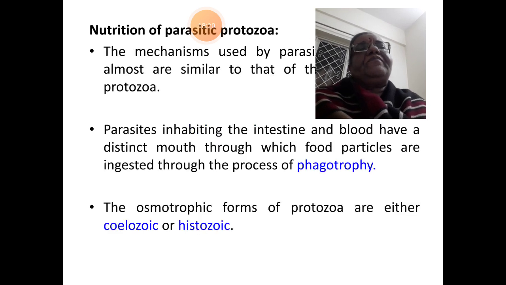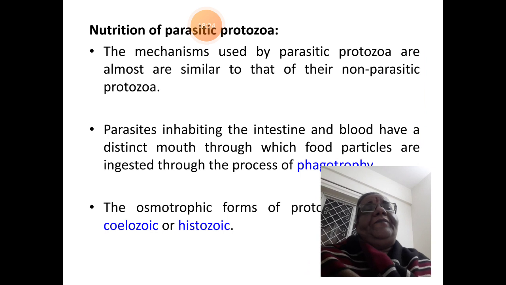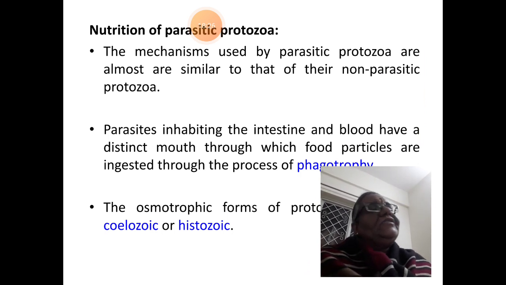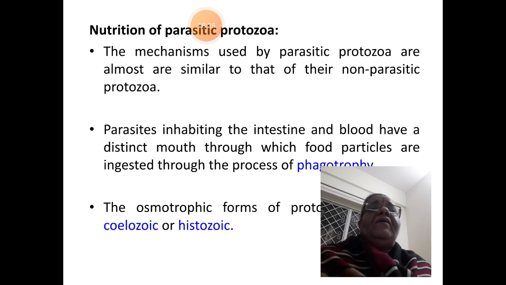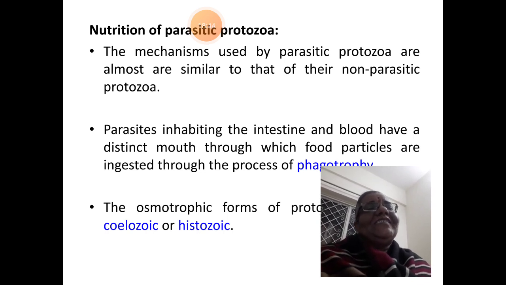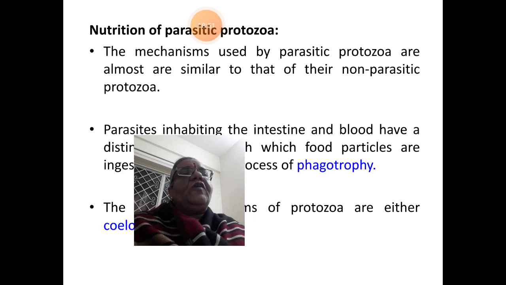Then, nutrition in parasitic protozoa. The mechanisms used by parasitic protozoa are almost similar to those of non-parasitic protozoa. The parasites inhabiting the intestine and blood, like Trypanosoma, have a distinct mouth through which food particles are ingested through the process of phagotrophy.